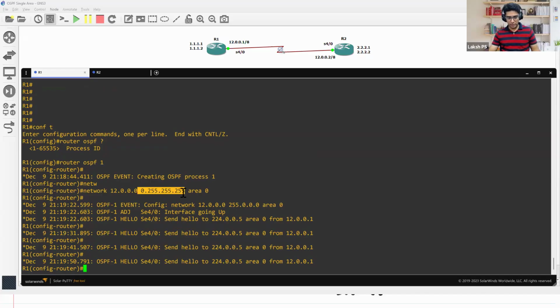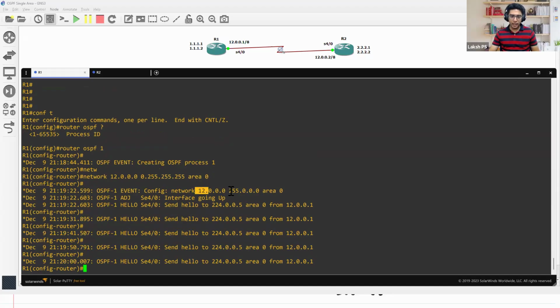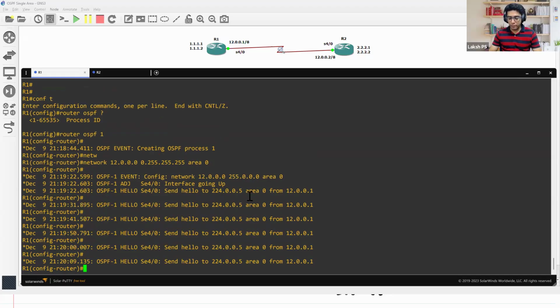With the wildcard mask, it is looking for an IP address which starts with 12 and falls under this area. Or you can think of it from this perspective: if you remember our first discussion of advertising a particular network through the network command, over here this is the 12 network.